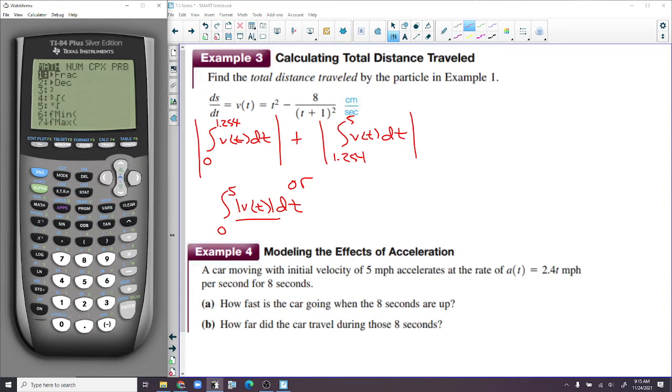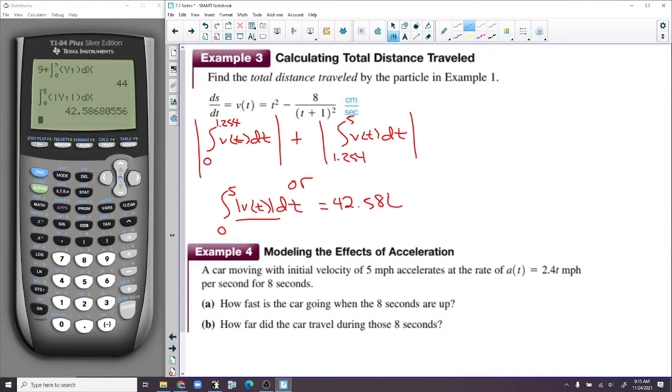So we're going to go math number 9, 0 to 5 of the absolute value, variables, y1, with respect to x. What's nice about using that little technique is I'm using the equation over and over again, but I really only had to enter it one time into y1. So here's the total distance traveled, 42.586.